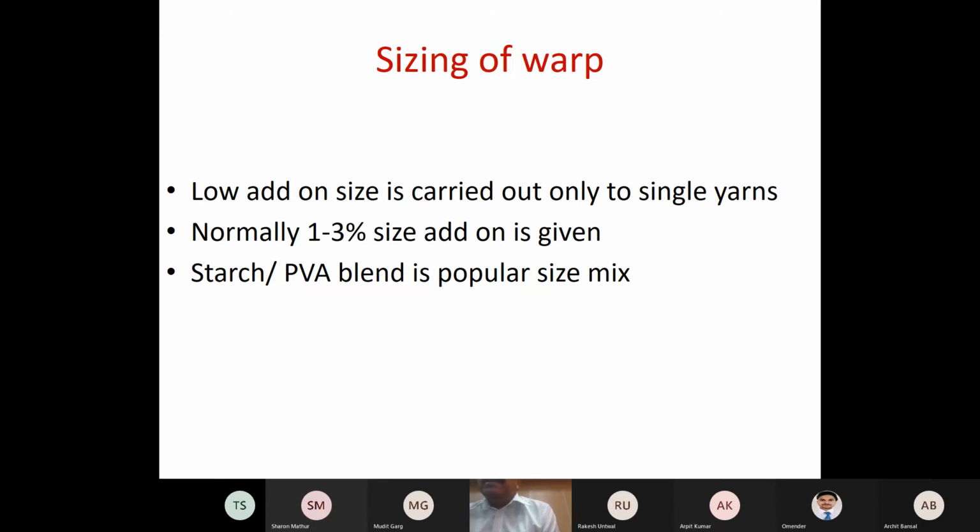Heavy sizing, I mean the sizing with 8 to 12% add-on, is not necessary. We need either only 1 or 2% or maximum 3% size add-on for this pile warp, or sometimes no size at all. Only the yarn is passed through a hot water bath and squeezed, so that to some extent the abrasion resistance increases and you can weave this warp yarn without any breakage.